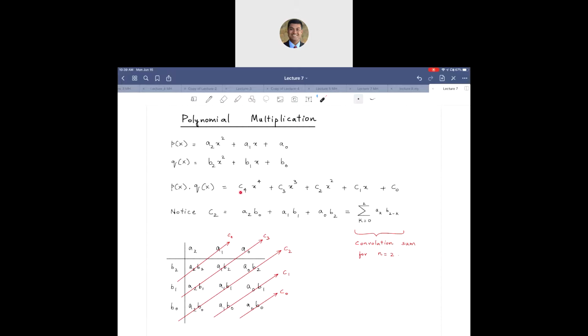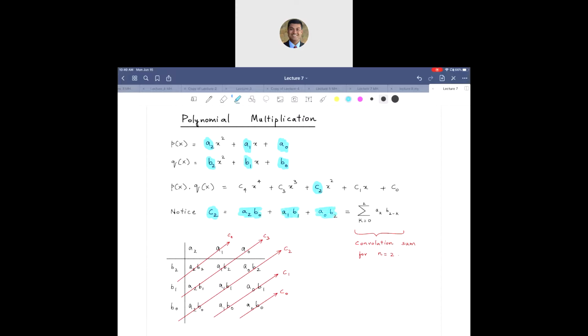Now, if I define the coefficients of x to the 4, x cubed, x squared, as c4, c3, c2, c1, and c0, then notice what happens when you calculate c2. c2 is the coefficient of x squared here, which is simply going to be the result of multiplying a2 with b0, or a0 with b2, or a1 with b1. So you get those three terms here.